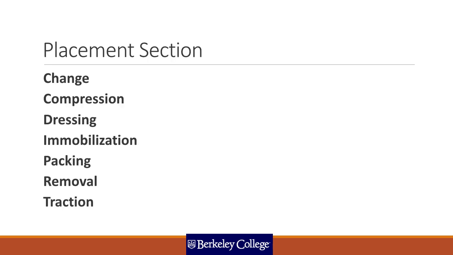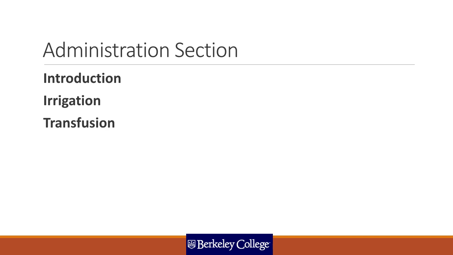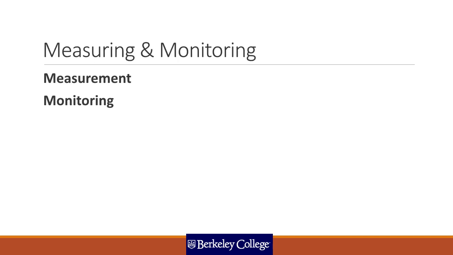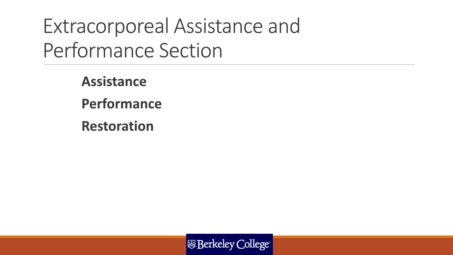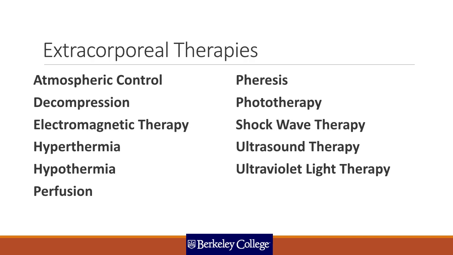Perfect. These are the root operation terms that you'll find in the placement section and the administration section. In the measuring and monitoring section, it may not surprise you that you only have 2 root operation terms, measurement and monitoring. You have 3 in extracorporeal assistance and performance section, and several more in extracorporeal therapies.